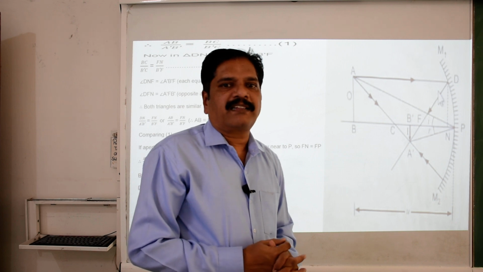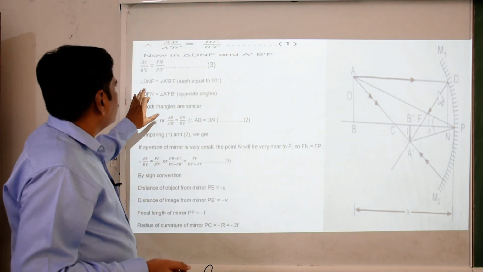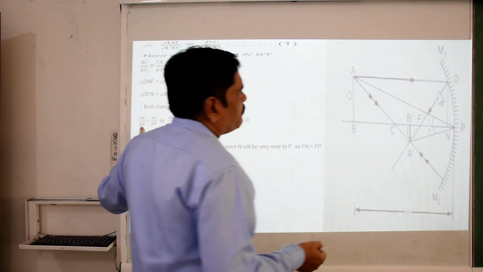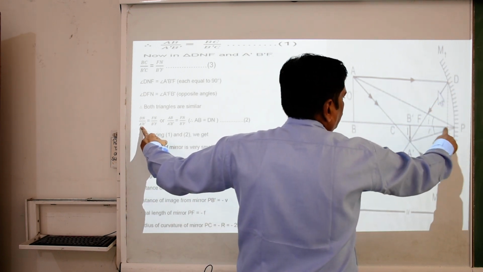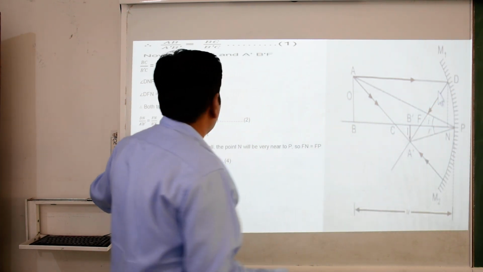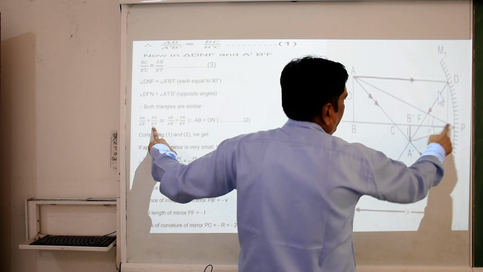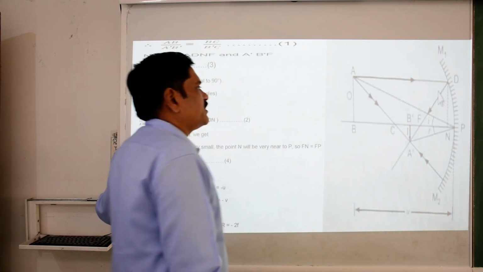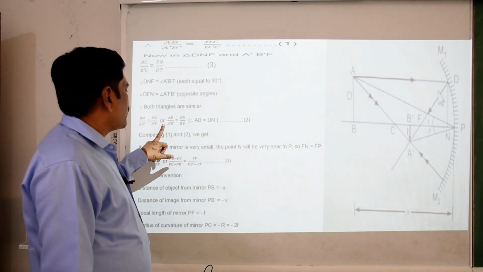That's why these two triangles are similar. Just we are taking the same one, that is DN upon A dash, B dash. Similarly, FN upon FB dash. Clear? So this is the second equation.